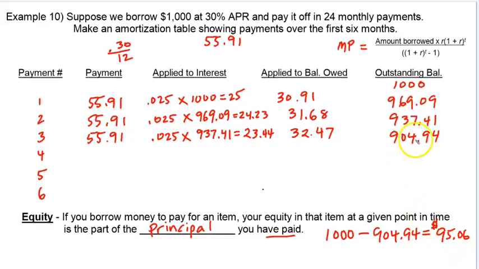So this outstanding balance, this is technically how much I owe. So this much of whatever it is that I've purchased still belongs to the company I purchased it from. What I've paid off is the part that is actually mine. So equity is really your financial stake, how much of it actually belongs to you because you've paid that much of the loan off. That's one way you can think of equity.